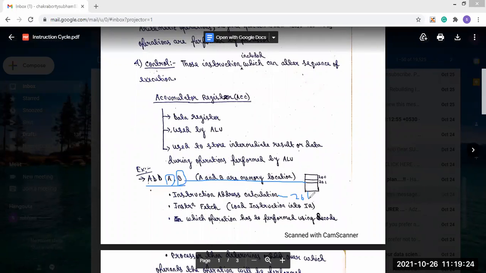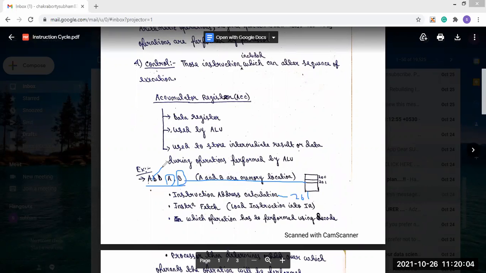Now, after that, which operation has to be performed? Using decoding of the instruction, we will be able to know that. After fetching the instruction, we will decode it, and we are able to know what operation we have to perform, for example the add operation. After decoding the instruction, we will know which operation has to be performed.